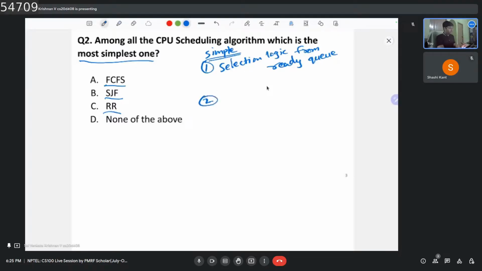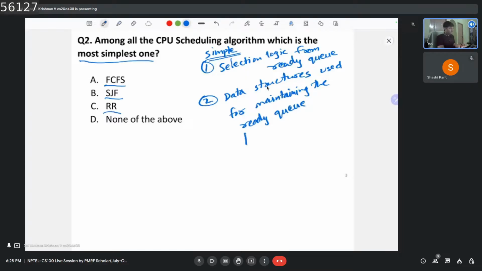Second, the data structures that you use for maintaining the ready queue.